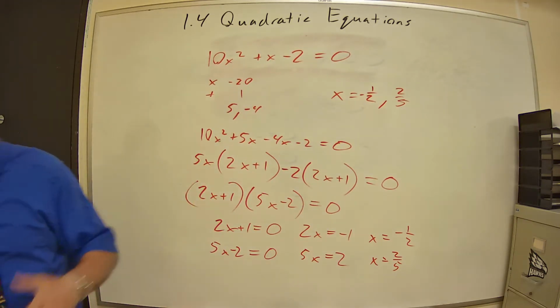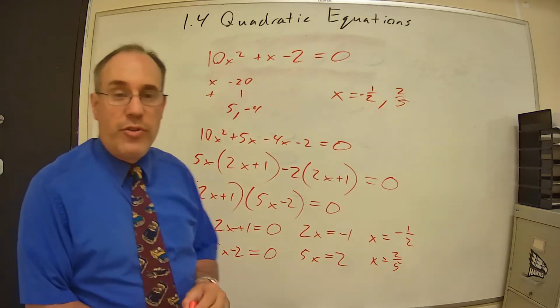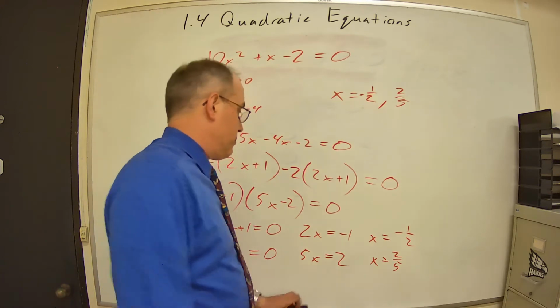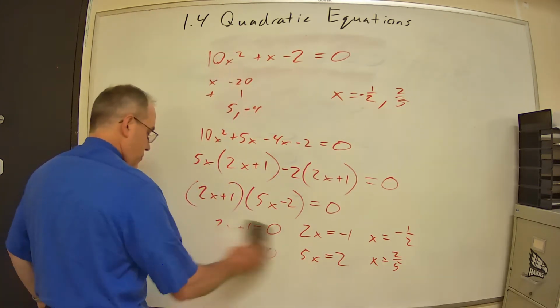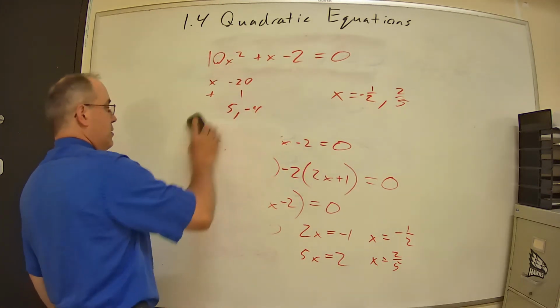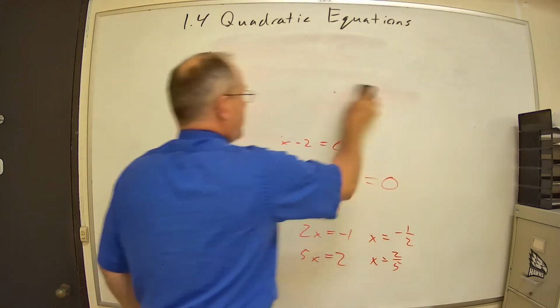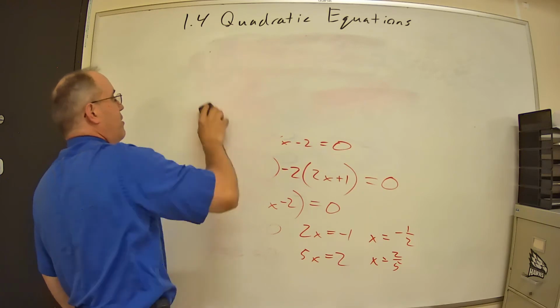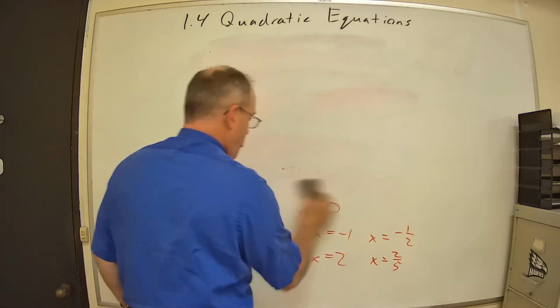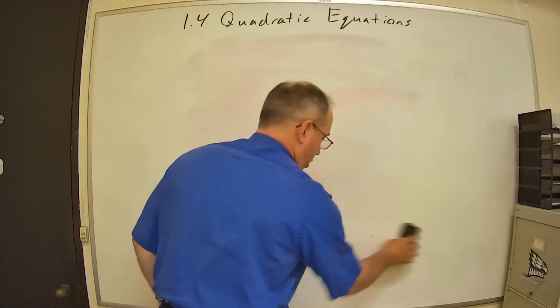Okay? Another property that we may want to use is the square root property. Now the square root property, we've mentioned it a little before in passing, just of how you have to deal with square roots.